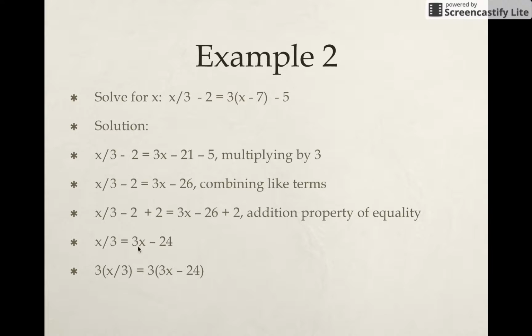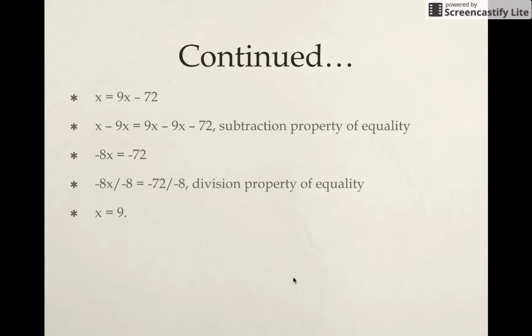If we multiply by 3 on both sides of the equation here, we'll have 3 times x over 3 and 3 times the quantity 3x minus 24. That multiplication by 3 results in an x on the left-hand side and 9x minus 72 on the right-hand side.